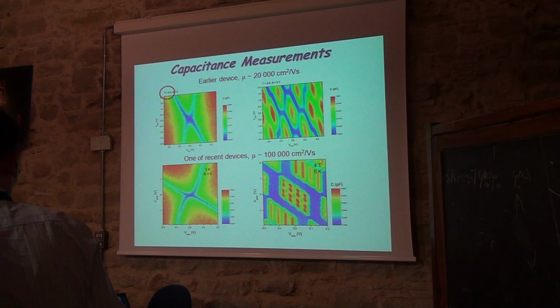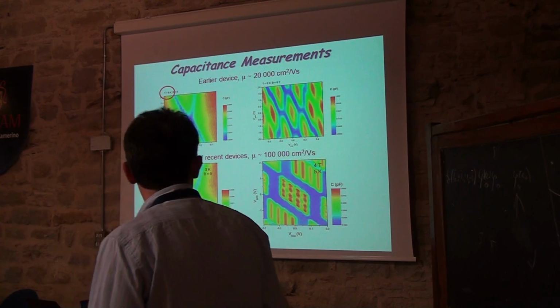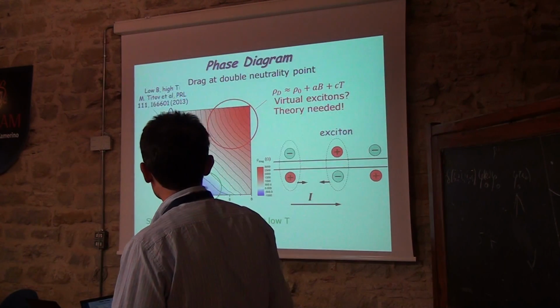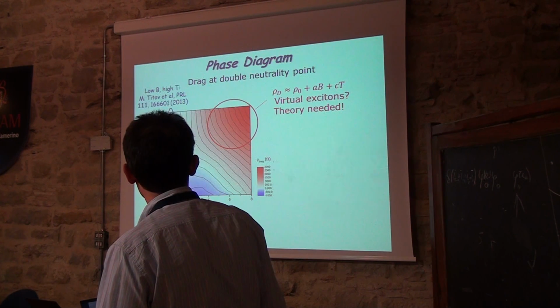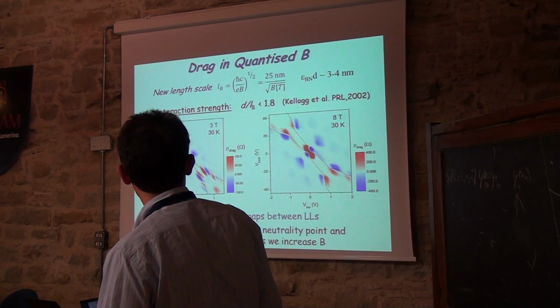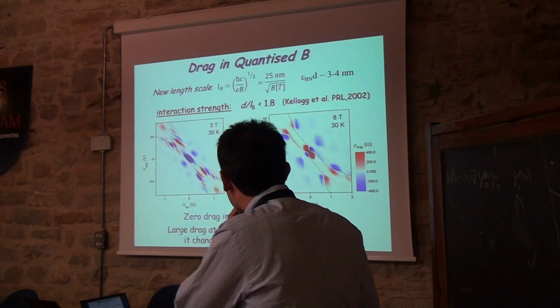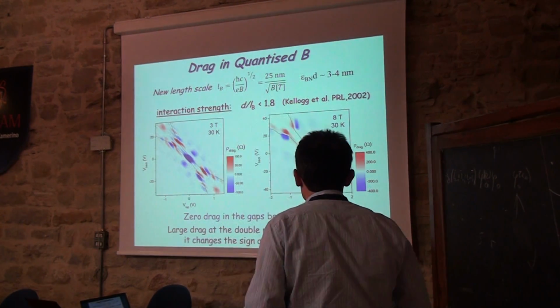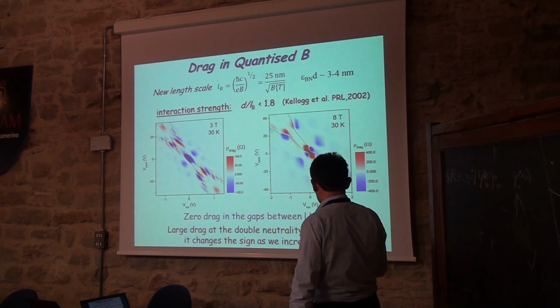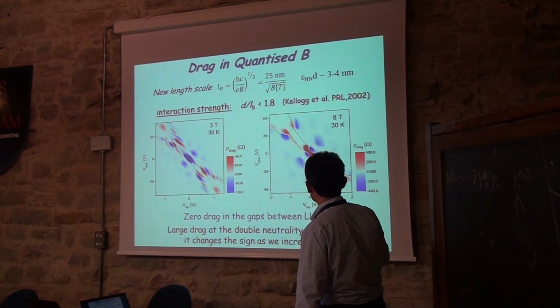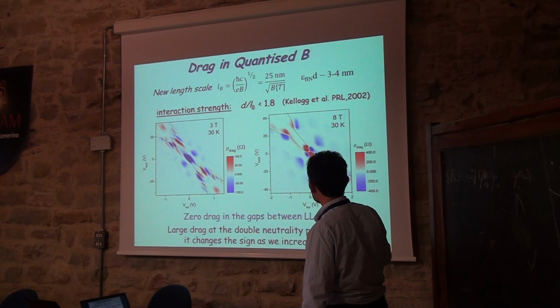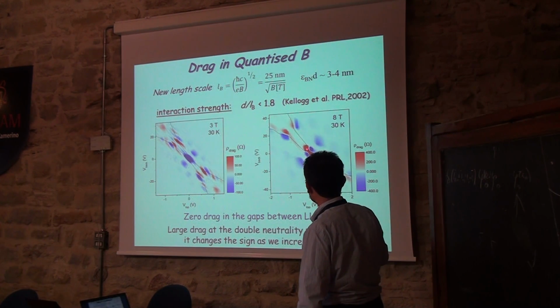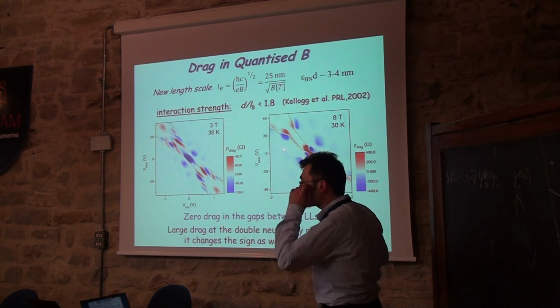Which data? The color plot. This one. No, the previous. Yeah. So are there odd total filling factors there? No. Most of the data you took is around total filling factor 0. So this is the lowest Landau level. So this is total filling factor 0 in both layers.